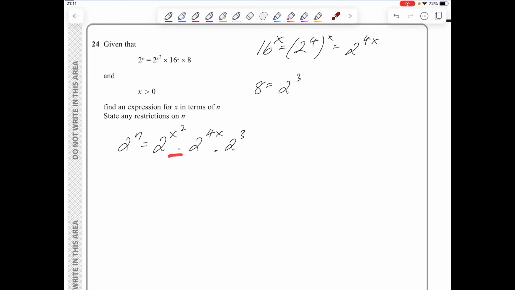And then because I have multiplication, I will need to add the powers. So 2 to the power of n equals 2 to the x squared plus 4x plus 3. And now I can equate the two powers to get n equals x squared plus 4x plus 3.